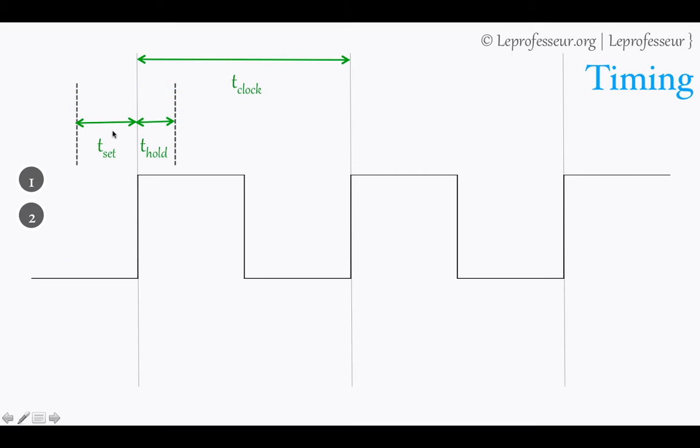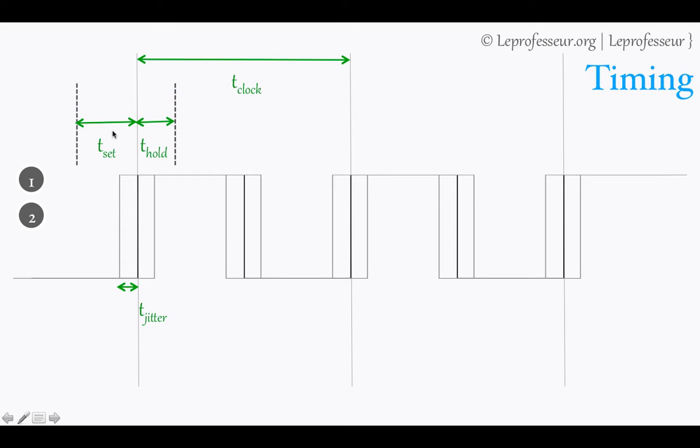Good. Now let's talk about jitter. Jitter is this: you expect the clock to come in each clock cycle at the same time, let's call it t.